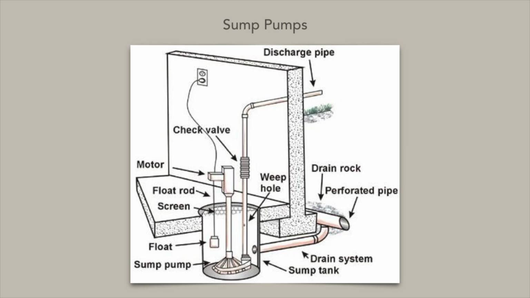Sump pumps are used where basement flooding happens regularly and to remedy dampness where the water table is above the foundation of a home. Sump pumps send water away from a house to any place where it is no longer problematic, such as a municipal storm drain or a dry well.